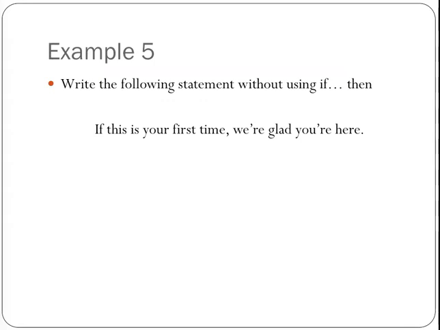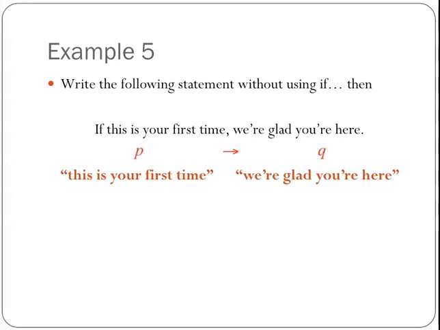Okay, so write the following statement without using if then. If this is your first time, we're glad you're here. Okay, so let's just write down what the statements are. So this is your first time, that's the antecedent P. And then we're glad you're here, that's your consequent Q. Okay, so P implies Q. Now remember, what we just wrote down was that the equivalent of this is not P or Q. Okay, so now let's just write that.